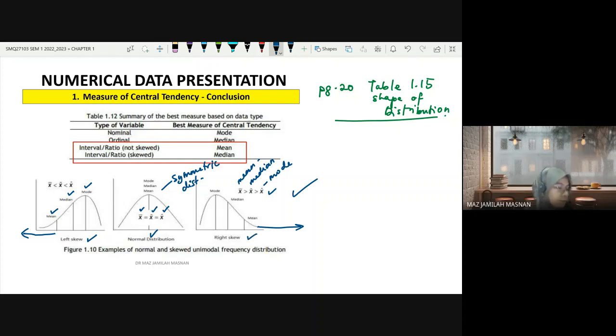Later we will see how the box plot can tell us more about these measures of central tendency.